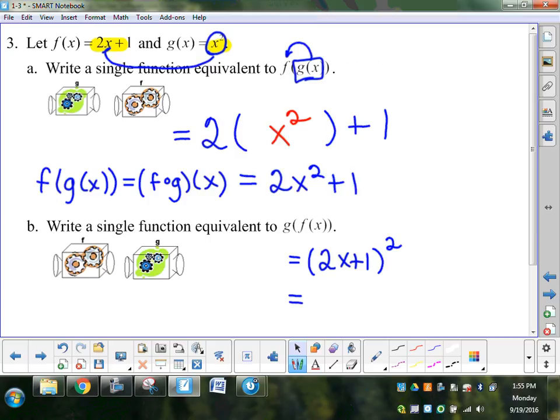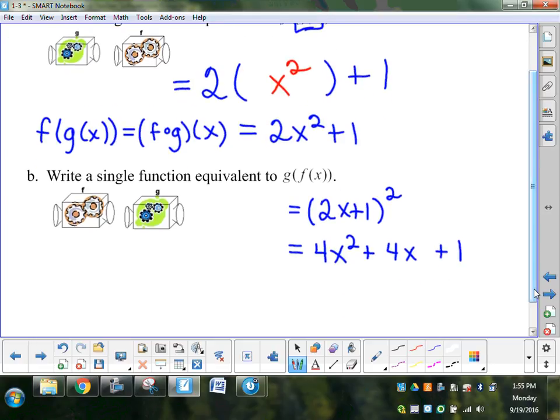Did you get it? Let's hear it. 4x squared plus 2x. Close. You should have gotten the 2x twice. That's what comes together to make that. Questions on that? All right.